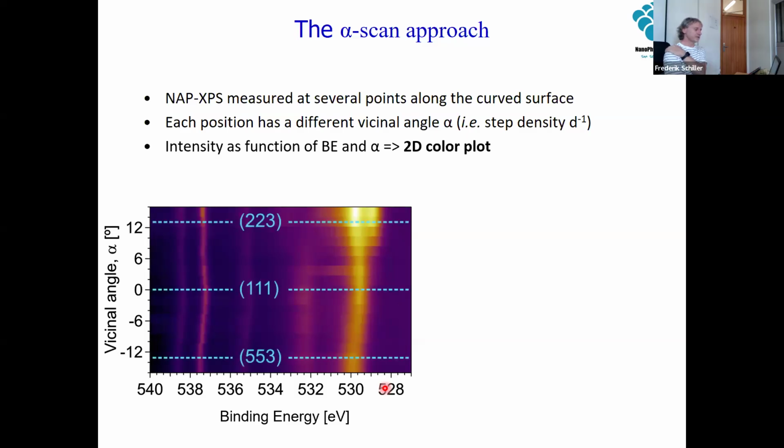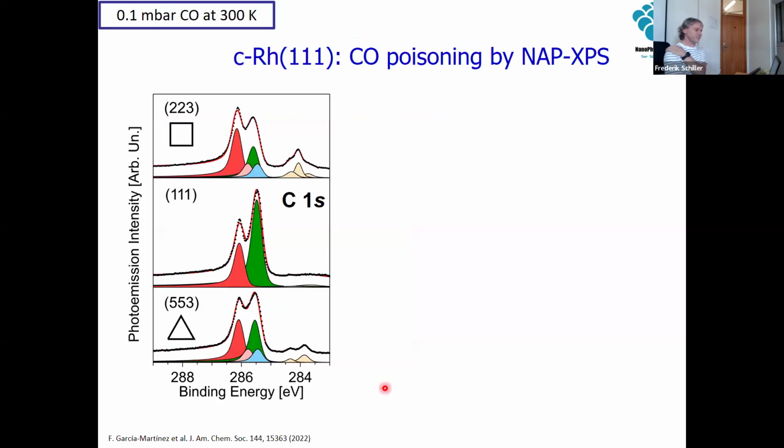So basically we have different surfaces, and this is the power of this X-ray photoemission spectroscopy, what we can address. So we have the core level, for example, this is the carbon 1s. Carbon 1s comes from this CO that actually is at our surface. And we see we have two peaks.